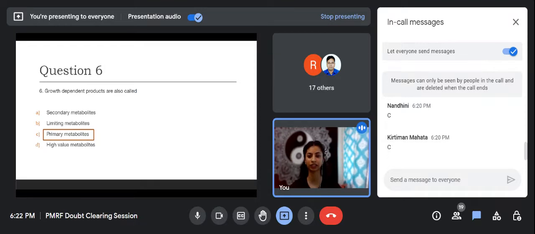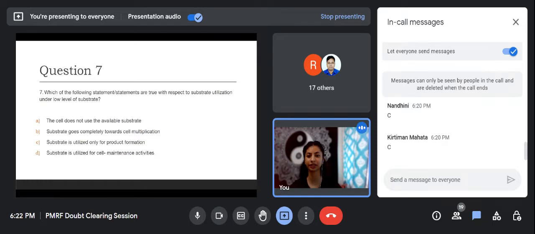All right. I'll move on in case you don't have a doubt. Question number 7 is, which of the following statement or statements are true with respect to substrate utilization under low level of substrate?